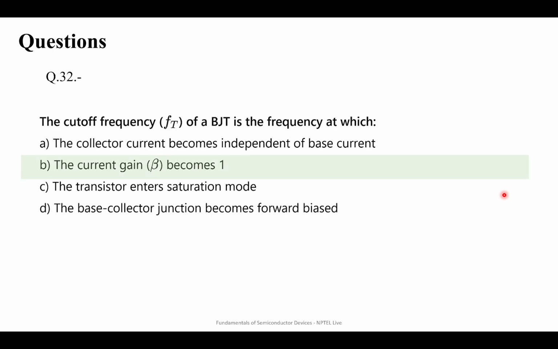So the answer to this is the current gain beta becomes 1.